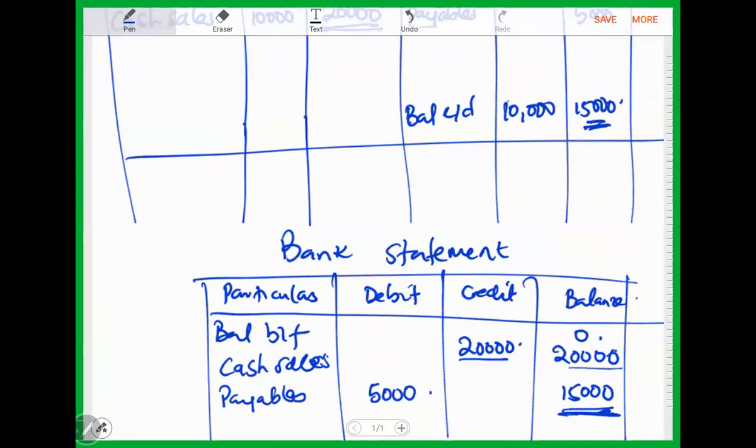But oftentimes, you're going to find that they are different. The cash book and the bank statement are two different scenarios. And if the two are different, then that means indeed we cannot arrive at the same position.